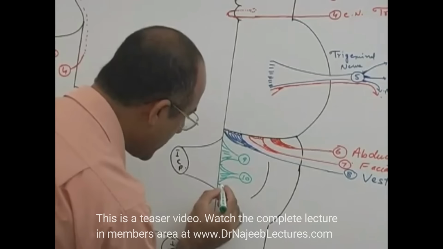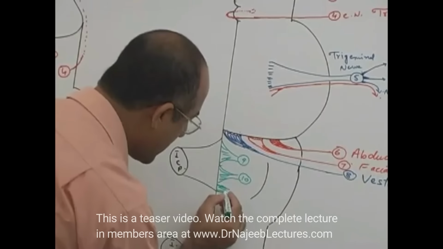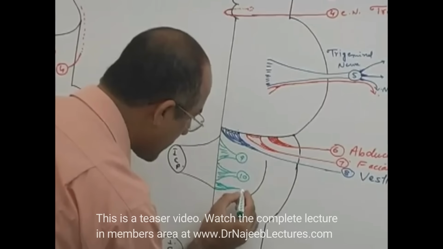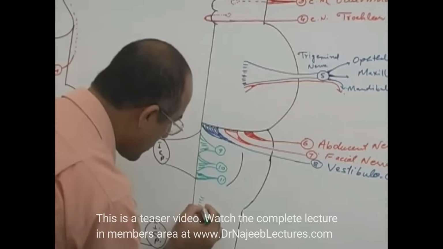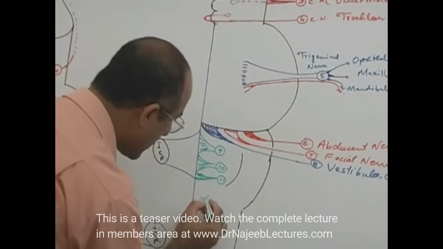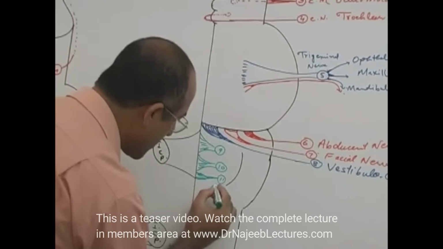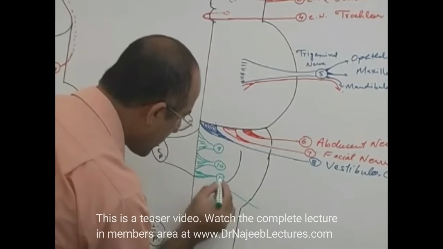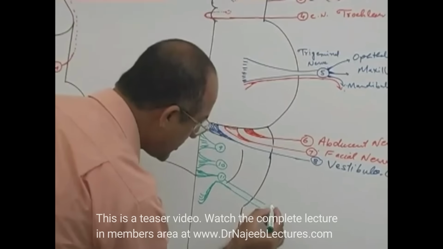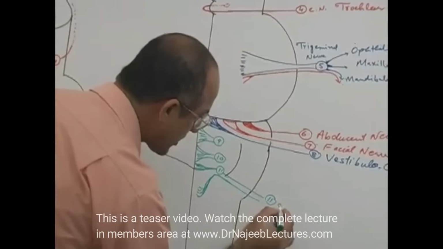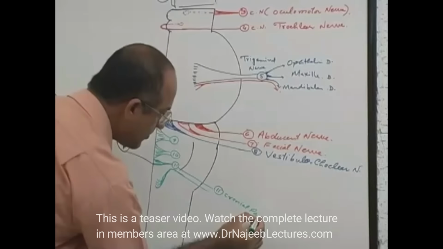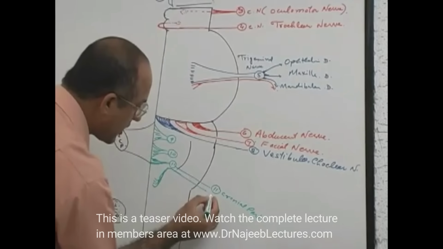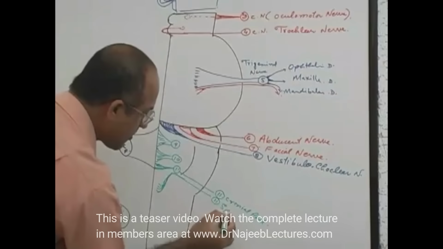And what should be here? Cranial part of 11th. Which part? Cranial. And from here, which part is coming? Spinal part of 11th. The 11th nerve, which is also called the accessory nerve, has cranial and spinal parts.